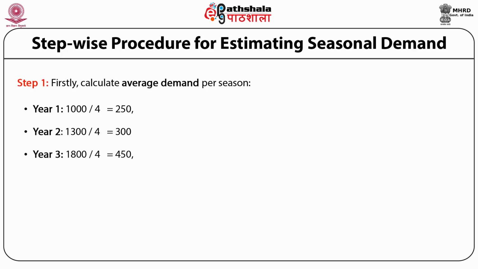Similarly, for year 3, it would be 1800 divided by 4, which would be 450 units. Lastly, for year 4, it would be 2200 divided by 4, that is 550 units.